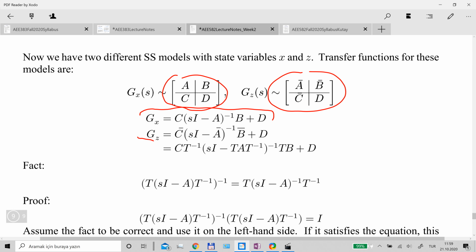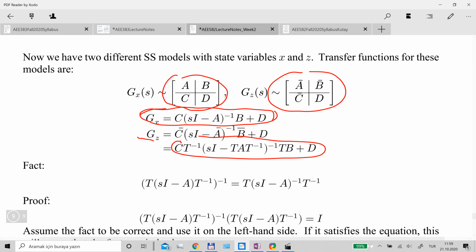Well, to see if this is equal to this one or not, let me point out a mathematical fact. The inverse of this matrix, you multiply T by sI minus A times T inverse. So you take this product of matrices and take the inverse.